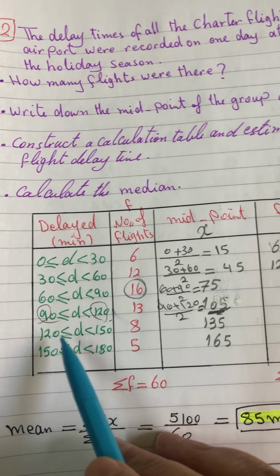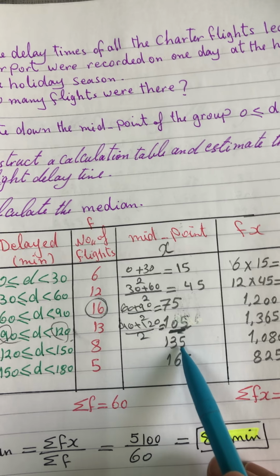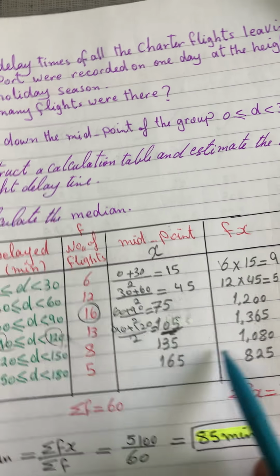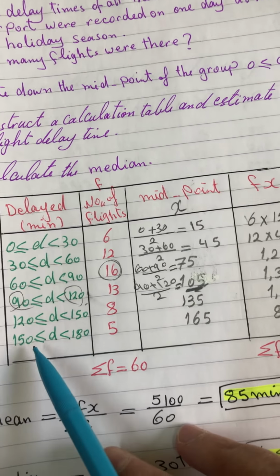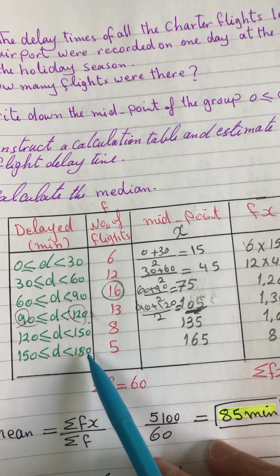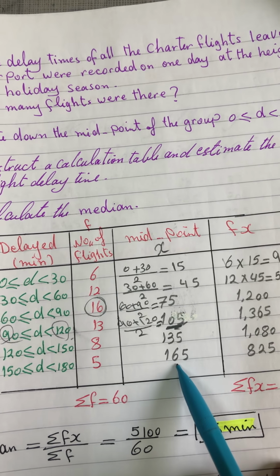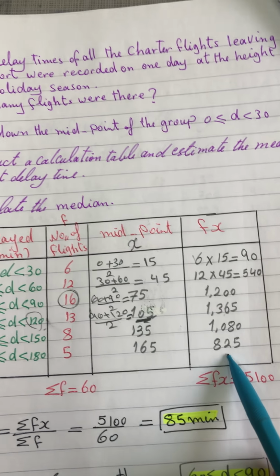I'll take 120 plus 150 divided by 2 equals 135. Multiply 135 times the frequency 8, gives me 1080. I'll take 150 plus 180 divided by 2, gives me 165. Multiply this midpoint x times the frequency 5, gives me 825.